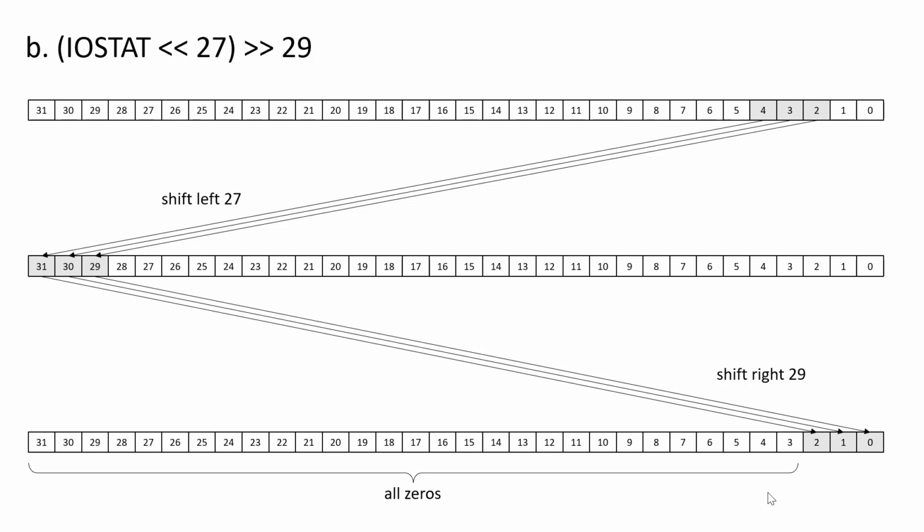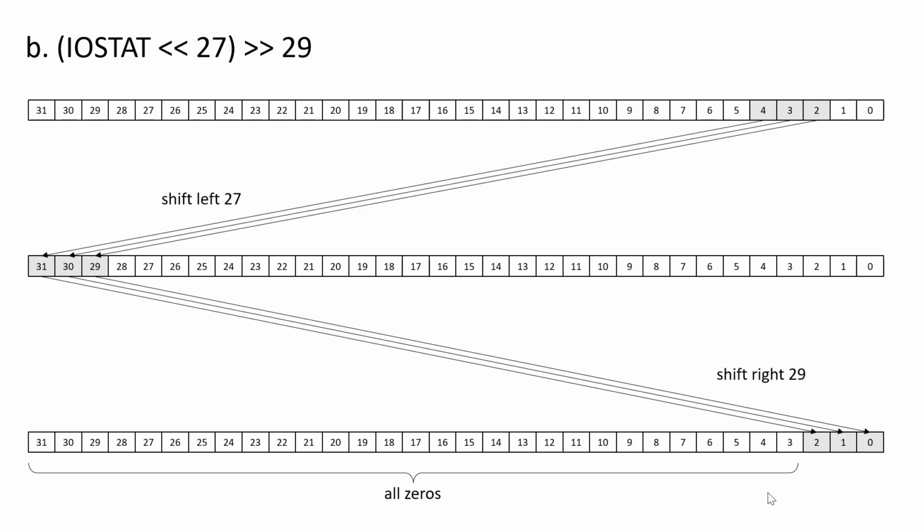And then it's going to right justify that 3-bit value all the way back to the right. So from the original value, we end up with 32 minus 29, 3 bits. So we only end up with 3 of the original bits, right?